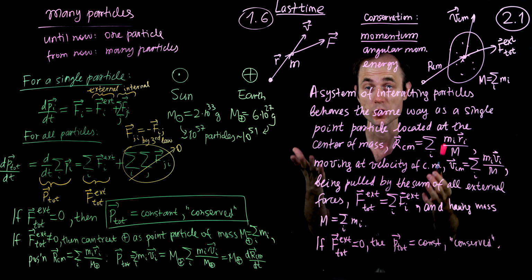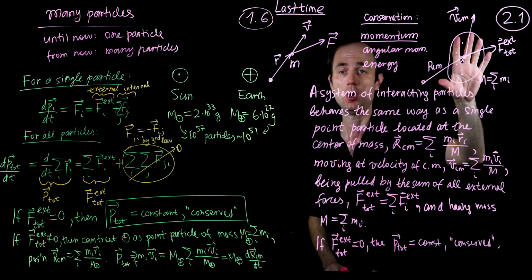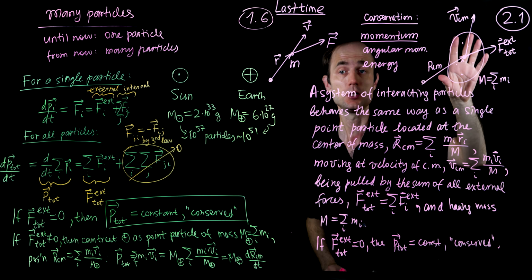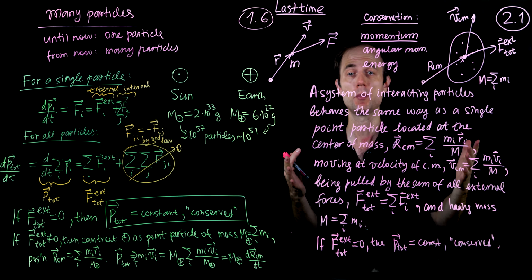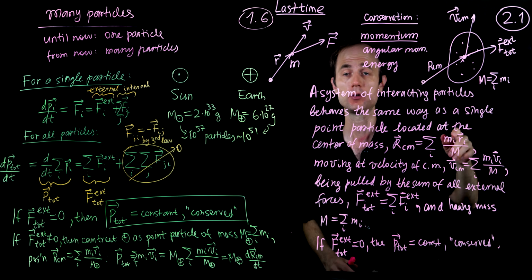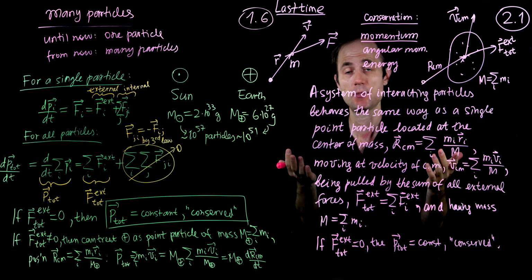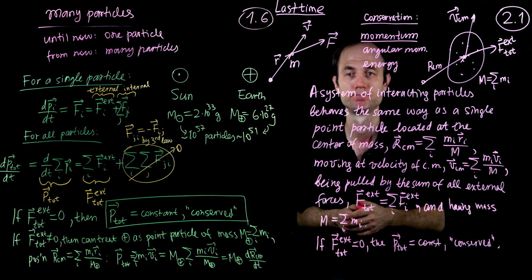Which is a really great result because we don't have to consider the internal dynamics of the particles in this interacting system. All we care about is how its center of mass moves around, and that's described in a very simple way by the dynamics of a single point particle.